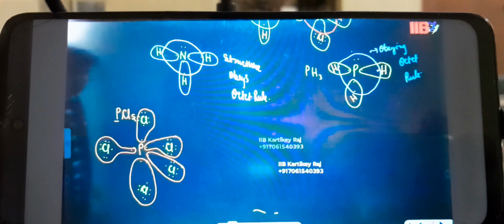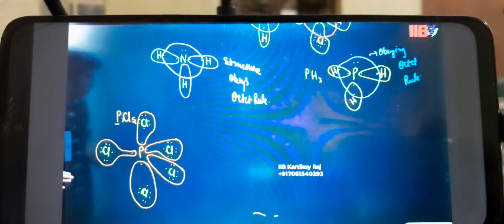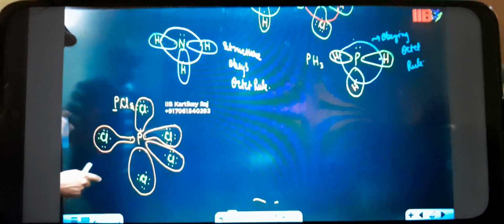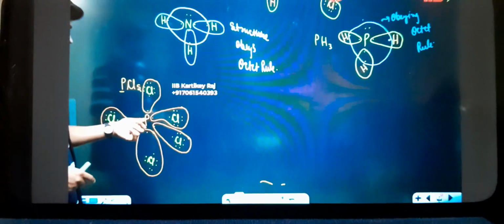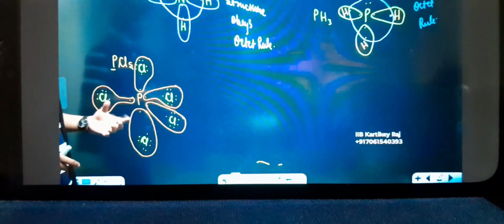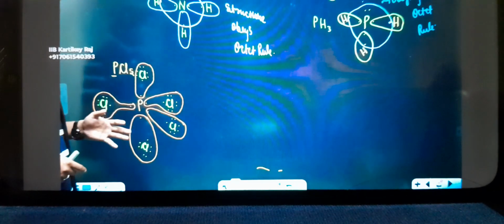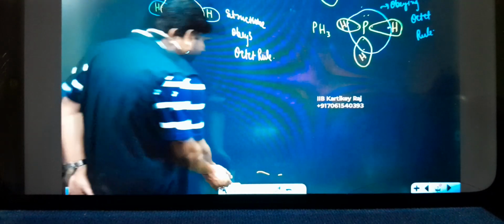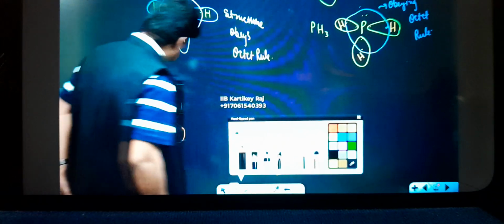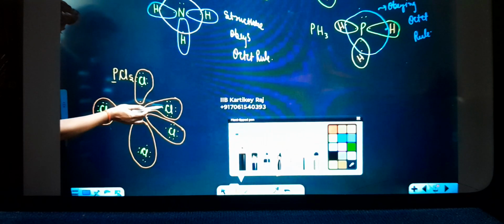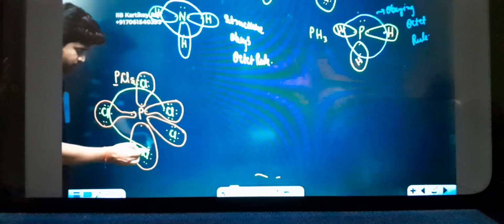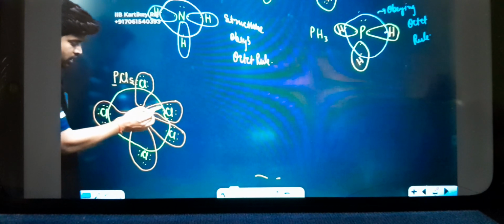What you find, the chlorine, which is the attaching part, they maintain their octet by the sharing of electrons. But what happens if you take the phosphorus? The phosphorus also takes the electrons of all the chlorine. Okay, no problem. They take the electron.